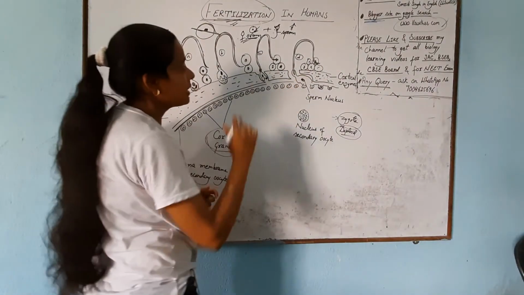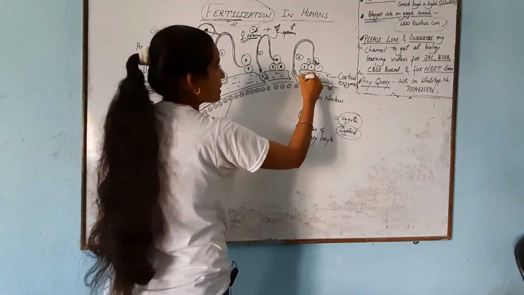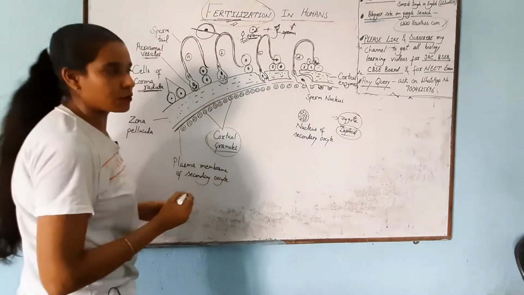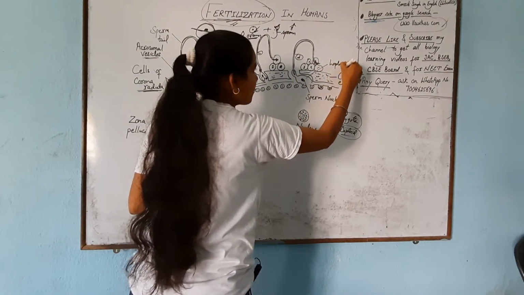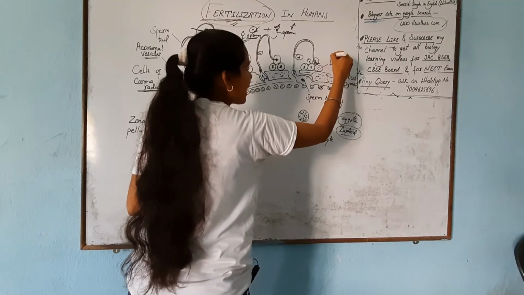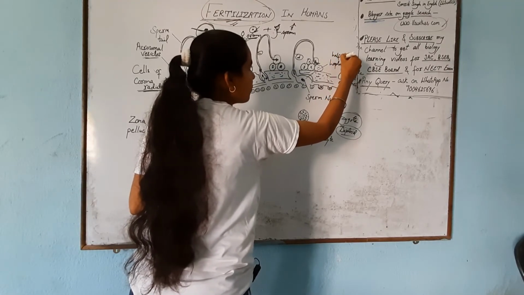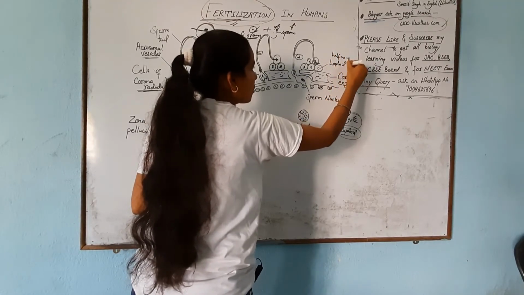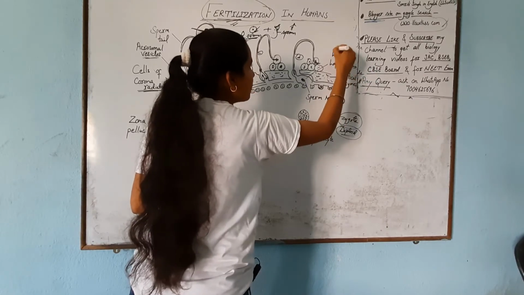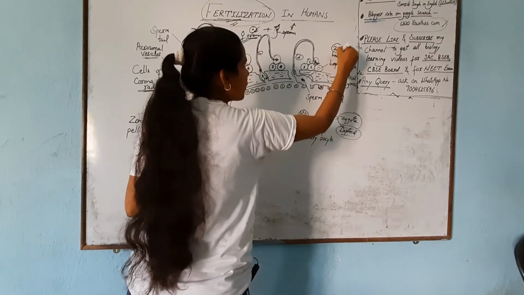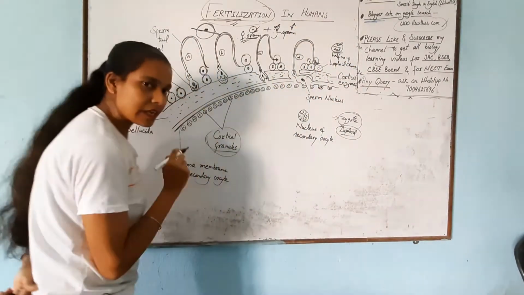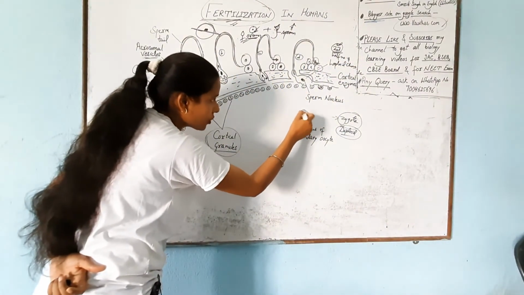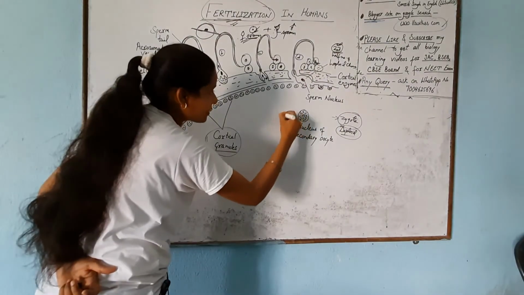The gamete cell is haploid in nature, meaning it has half the number of chromosomes. In humans that is 23, and the ovum nucleus also has 23.